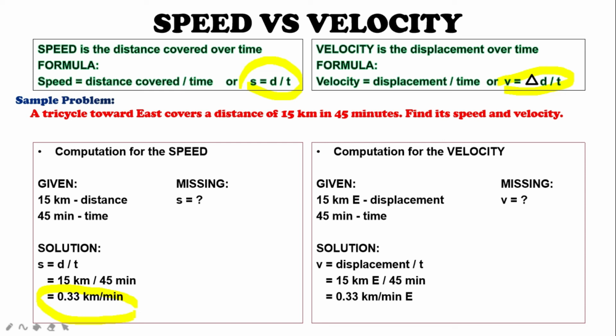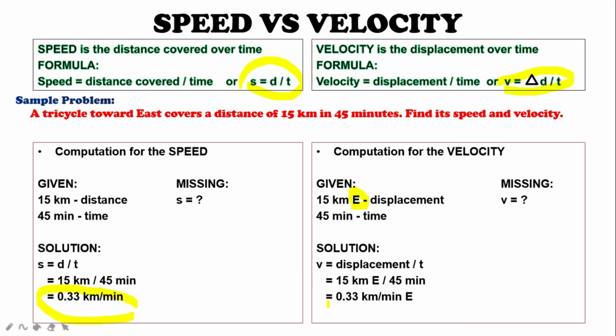For the velocity, of course, the difference between the two is that there is again direction. So given displacement, 15 kilometers east, and the time is 45 minutes. Missing velocity, v is equal to displacement divided by time, 15 kilometers east divided by 45 minutes.